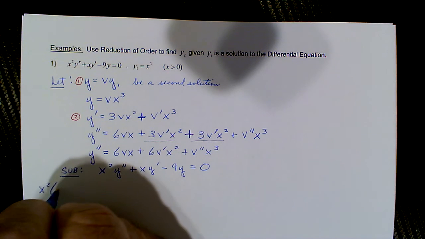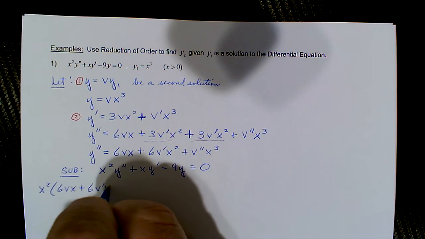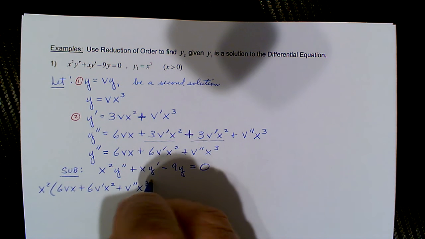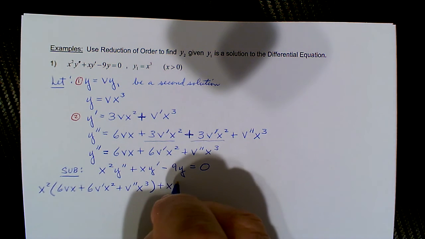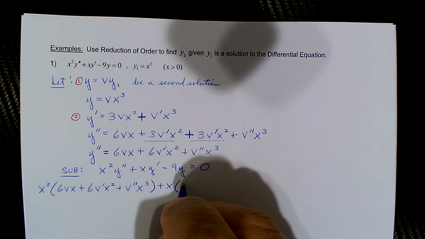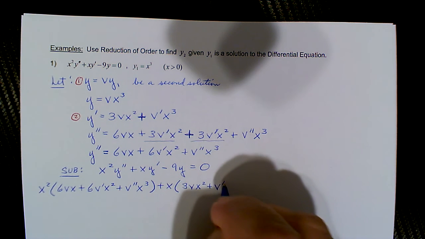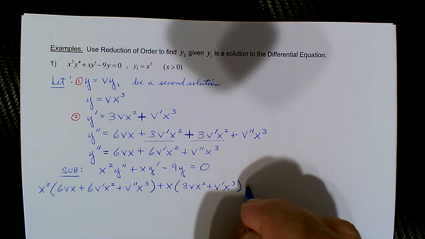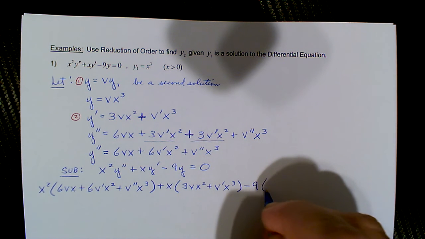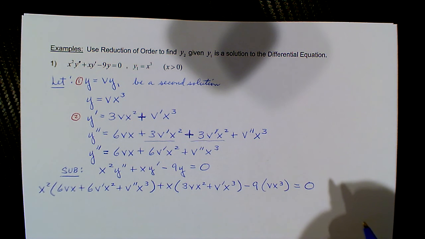So we have 6vx plus 6v prime x squared, and then plus v double prime x cubed, plus x times y prime, and y prime was the 3v x squared plus v prime x cubed, and then we have minus 9y, and y was just v x cubed, and that has to equal 0.